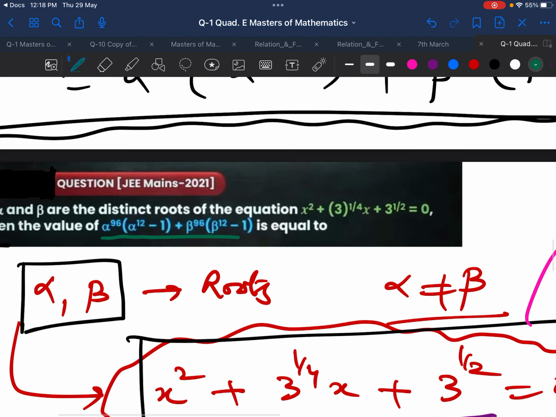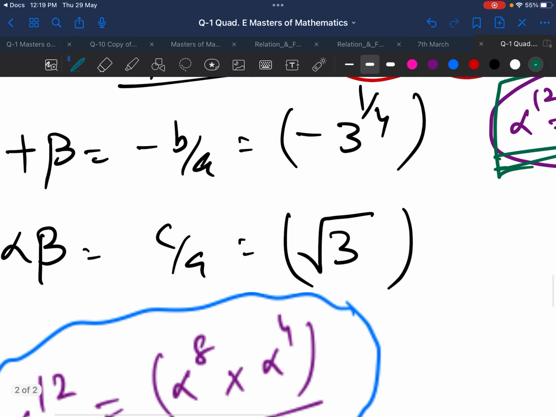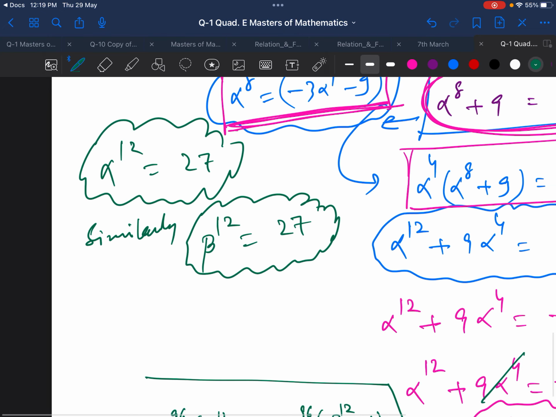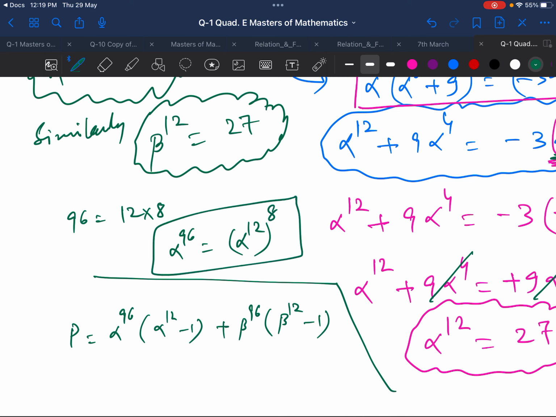And I wrote earlier that 96 can be written as 12 into 8. So I can write alpha raised to power 96 as alpha raised to power 12, to the power 8. Right? So I will express it here.